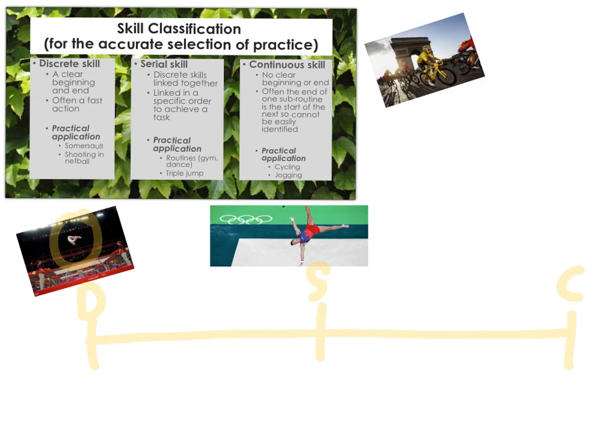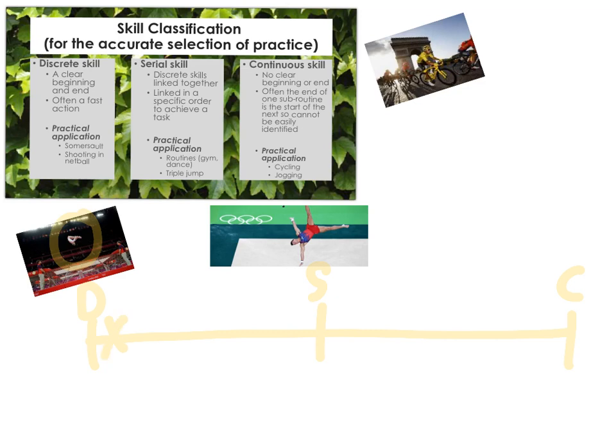So diving into a swimming pool, doing a somersault, shooting in netball. I know where I start, I know where I finish. Shooting in netball, it varies a little bit because of the distance from the net and whether you've got a defender in front of you or not, but there is still a clear beginning and end, and that never changes. So it would be a discrete skill.